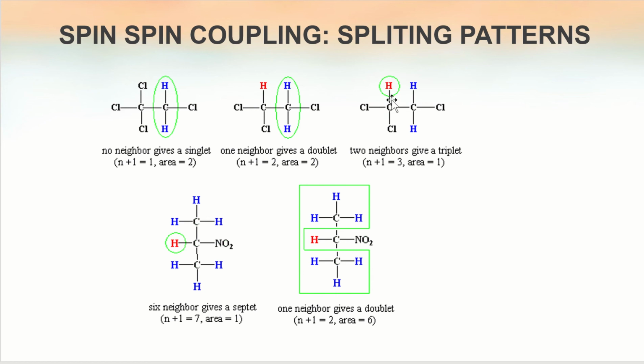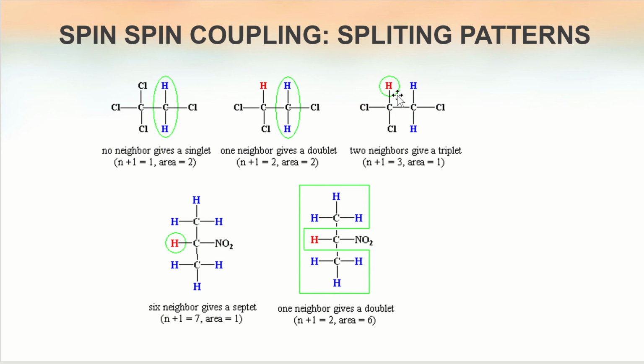In this case, the proton of interest is this one that is circled. Not methylene, methine, because it's a CH. So methylene is a CH2, methine is a CH. All right, so this is the proton of interest.